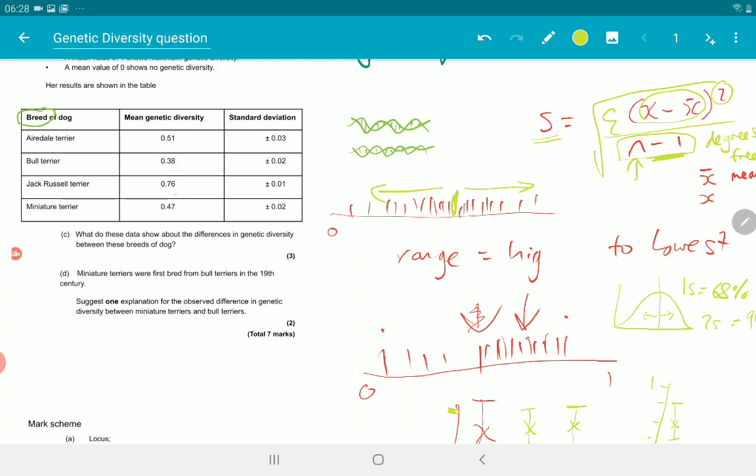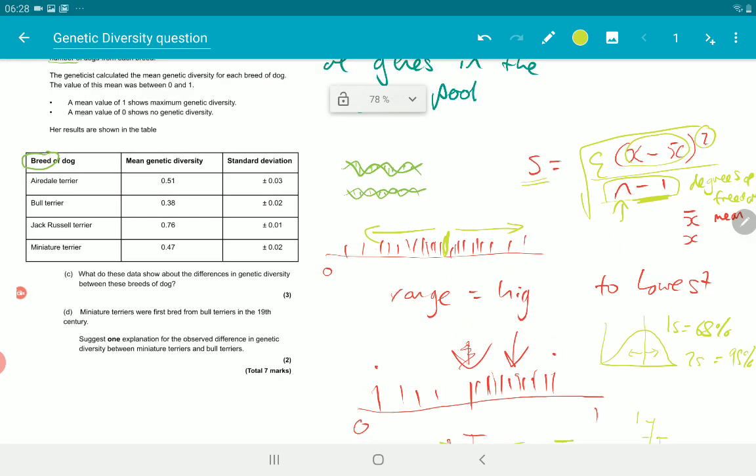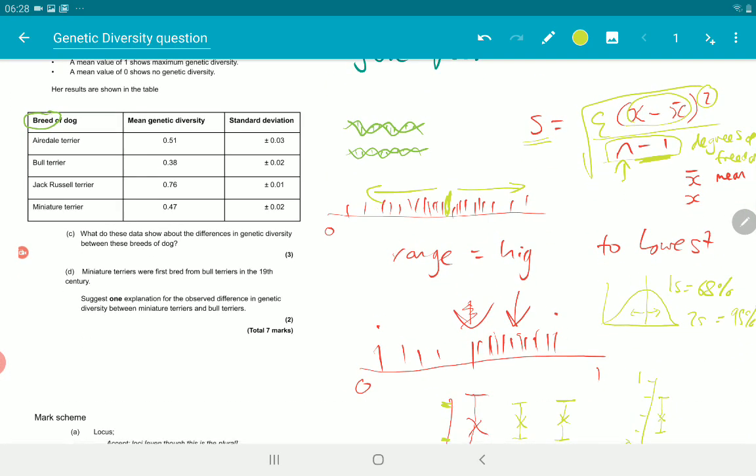So the highest number here is Jack Russell Terrier. Jack Russell Terrier therefore has maximum genetic diversity, it has the most genetic diversity. The least genetic diversity would be shown by the Bull Terrier, because that's the lowest value there.